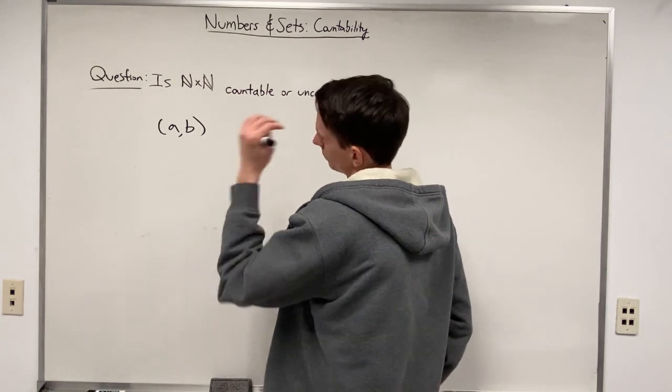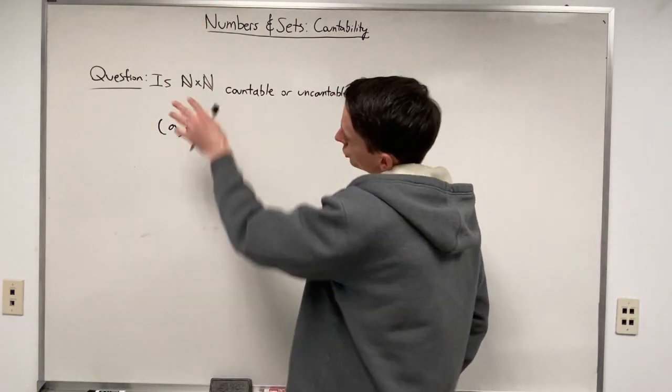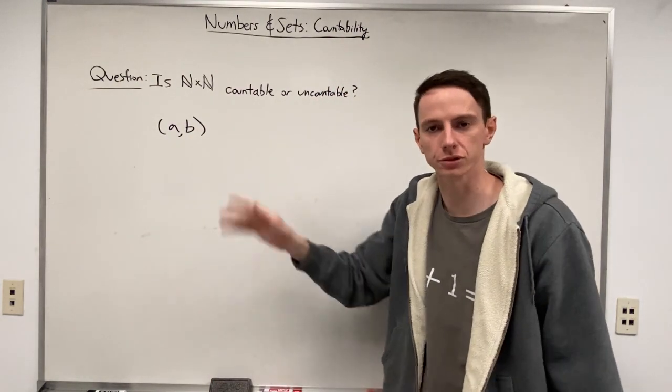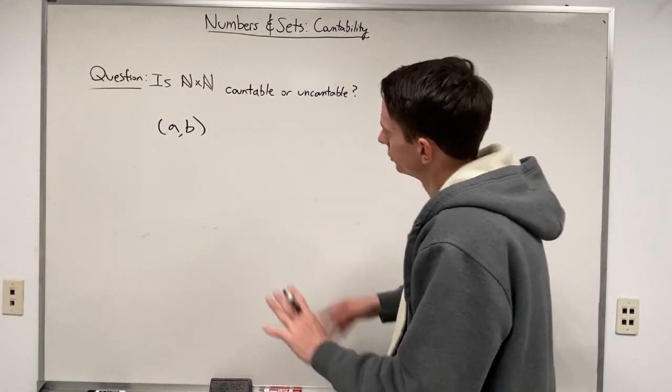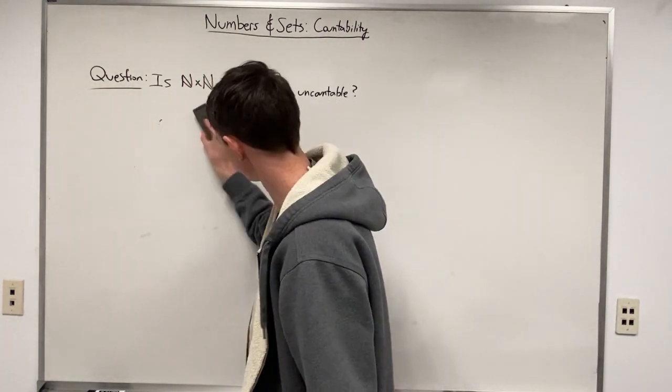If this was Z squared, then a and b would both be integers. If it was Q squared, they'd both be rationals. R squared, they'd both be real numbers, and so on. So we're interested in determining if this set is countable or uncountable.